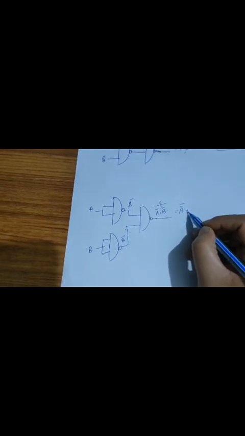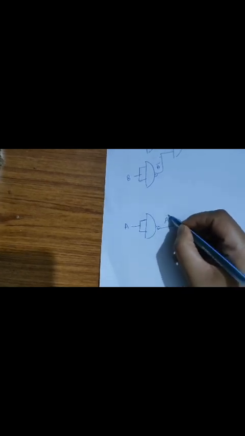So here we'll apply De Morgan's law, break the line and change the sign. So it will be A double bar plus B double bar. So it will become A plus B. So this circuit will behave as an OR gate. And for NOT gate, simply it will be like this. For example, A, so it will return A bar, A complement.